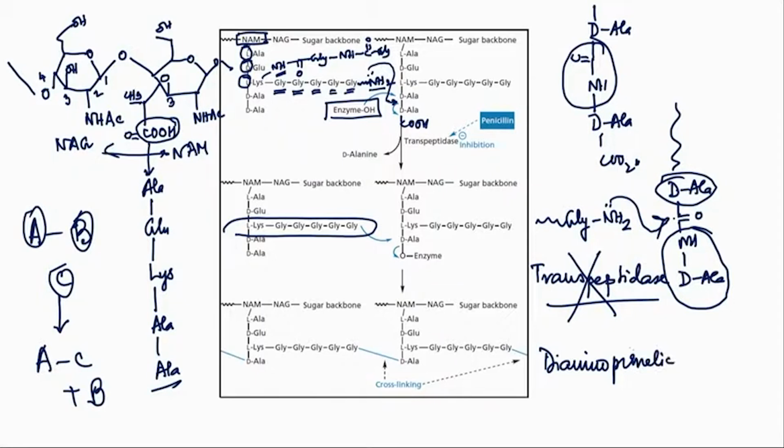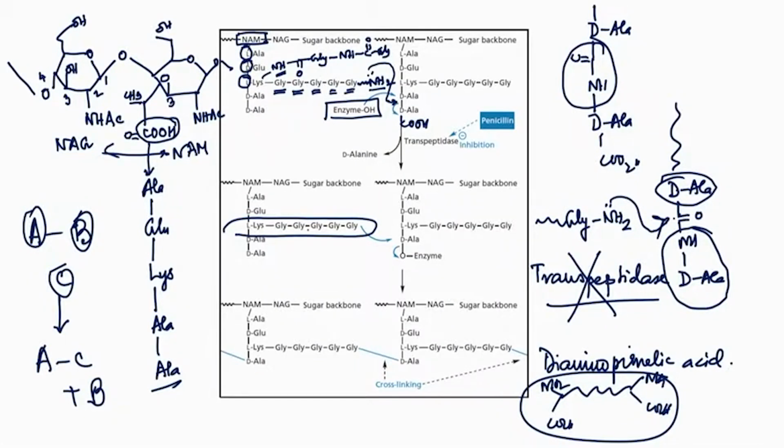Pimelic acid is, by the way, what is pimelic acid? Oxalic acid, malonic acid, Ohm's gap, if you remember, P is the C7. So, you have CO2H, NH2, and then all this, and then another NH2 and CO2H. You might see diaminopimelic acid in different books, but the mechanism is the same.